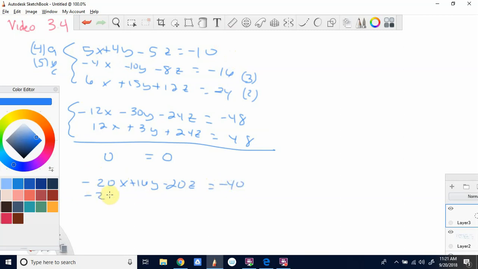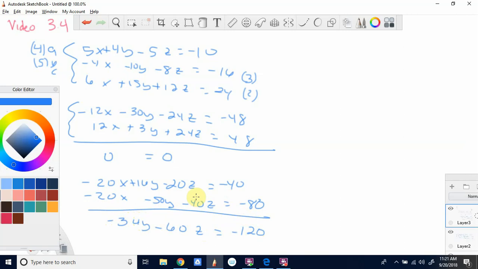Then we're going to have minus 20x minus 50y minus 40z equals negative 80. When you add these together, you're going to get negative 34y minus 60z equals negative 120.